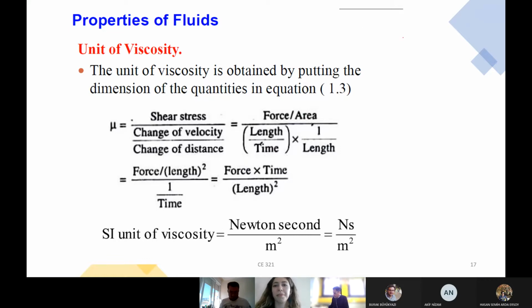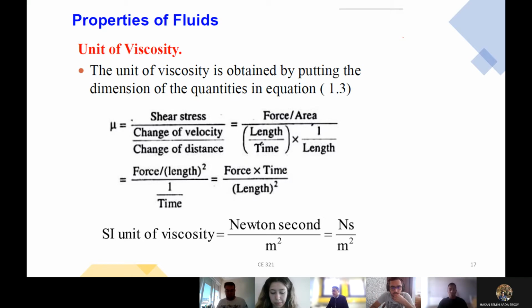Can you see it? Okay, so let's continue with the unit of viscosity. We talked about viscosity and defined it as a property of fluid which resists against motion of fluid.